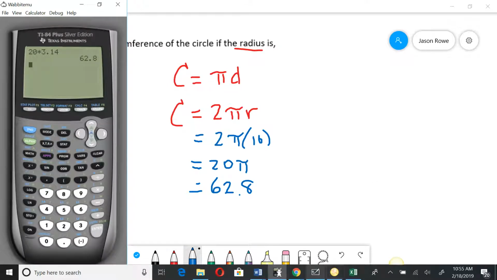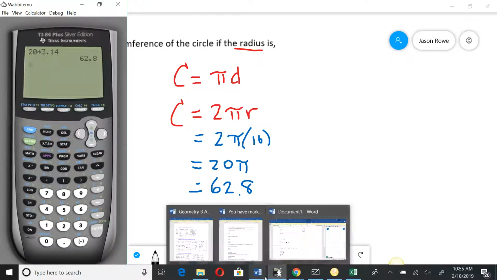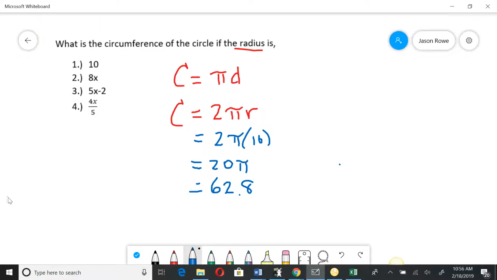Okay, so let's take a look at the next example. What happens if we have an expression like 8x? Well, we're not going to be able to do anything other than simplify what we can simplify. So we have 2 pi times our radius, which is 8x. Since I don't know what x is, the only thing I can do in this problem is give an exact answer.